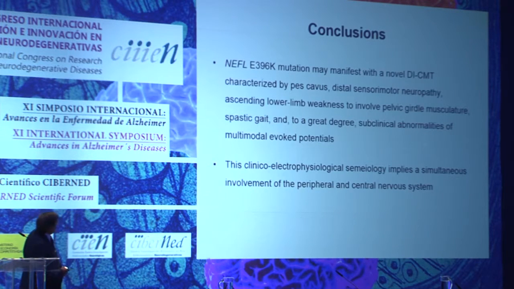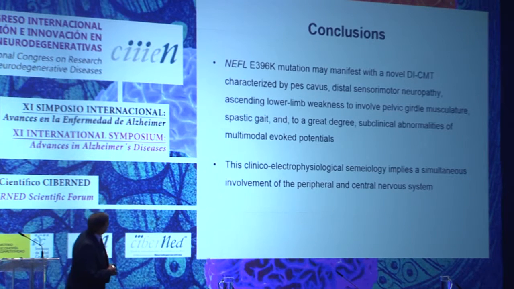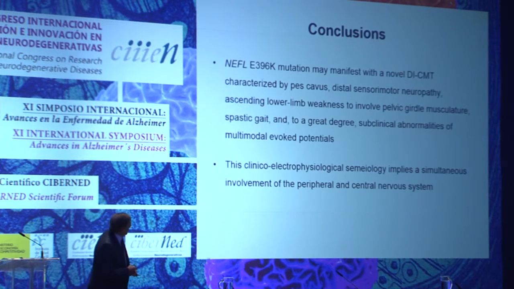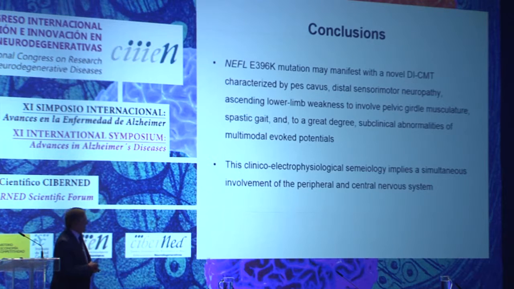To summarize, the NEFL E396K mutation may manifest with a novel dominant intermediate CMT characterized by pes cavus, distal sensorimotor neuropathy, ascending lower limb weakness to impulse pelvic girdle musculature, spastic gait, and to a greater degree subclinical abnormalities of multimodal evoked potentials. This clinical electrophysiological semiology implies a simultaneous involvement of the peripheral and central nervous system.